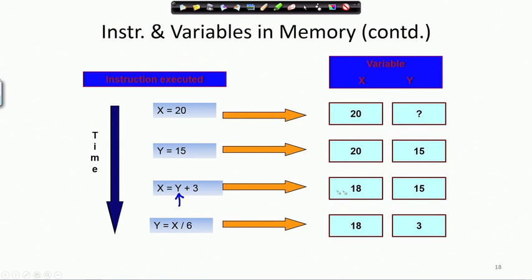So, I added 3 and made it 18. Here what I am doing? I am now disturbing y. How? I am reading the value of x, dividing it by 6. So, 18 divided by 6 will be 3, I am writing that to y. Therefore, now y has got a new value.